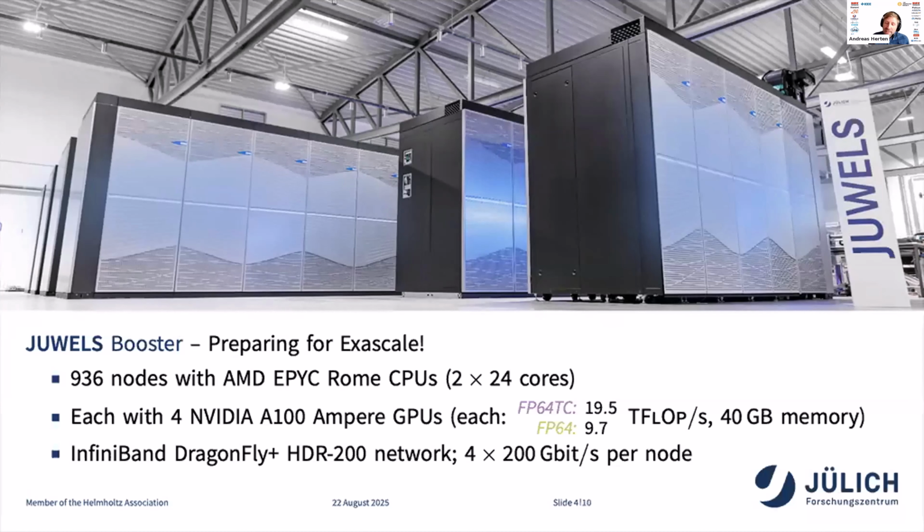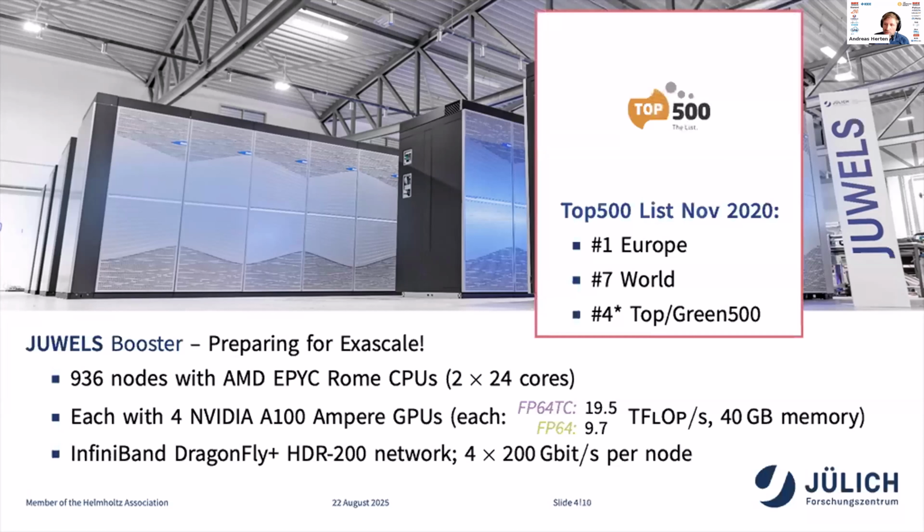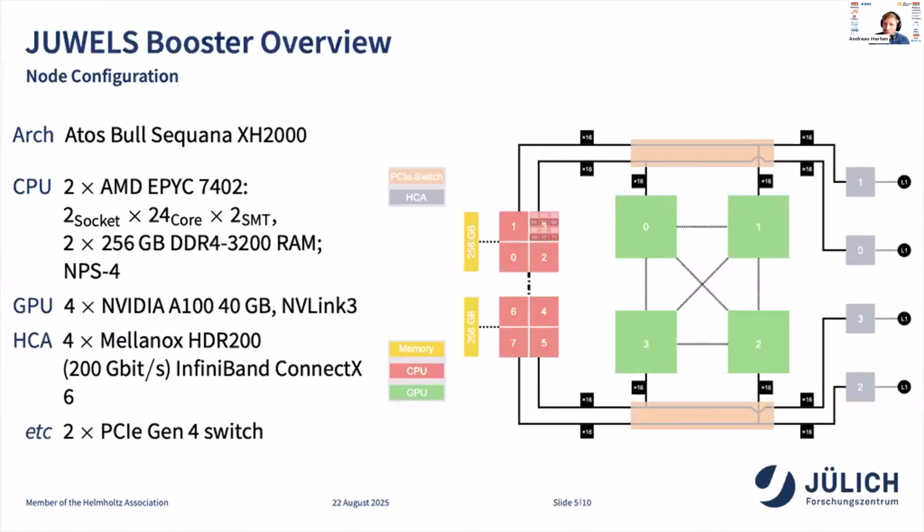Each node features 4 A100 GPUs with 40 gigabytes memory, and it's interconnected by an InfiniBand HDR200 network, giving you 400 gigabits per second per node in Dragonfly topology. It was quite a fast system when it came out in November 2020, and it's still one of the fastest systems in Europe. Topology-wise, it looks very similar to what you've seen before.